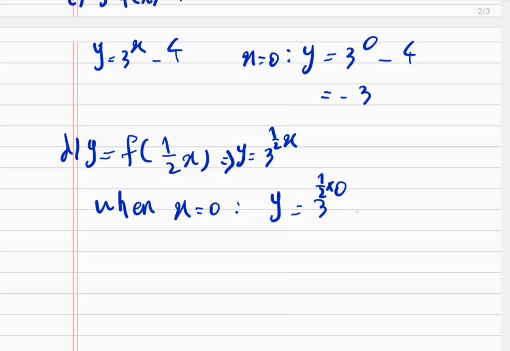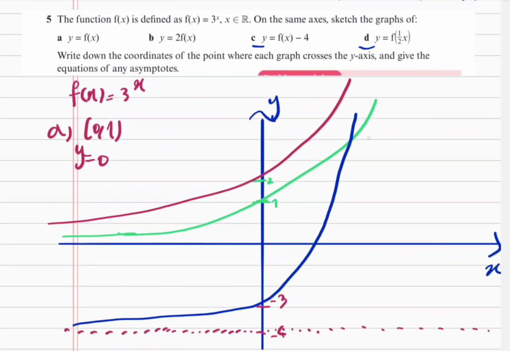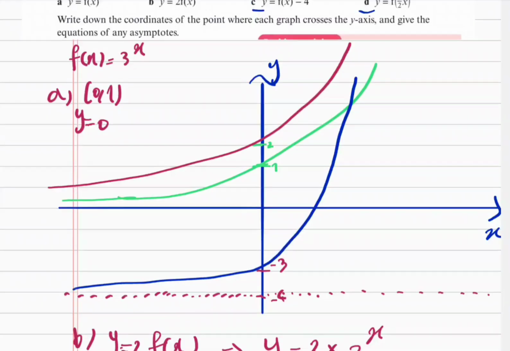When we substitute 0, it just becomes 1. So the y-intercept is the same as the original curve, at 1. The only thing is that we'll have a stretch of scale factor 2 in the x-direction, so it's just going to look more stretched. That's the only difference in this case.